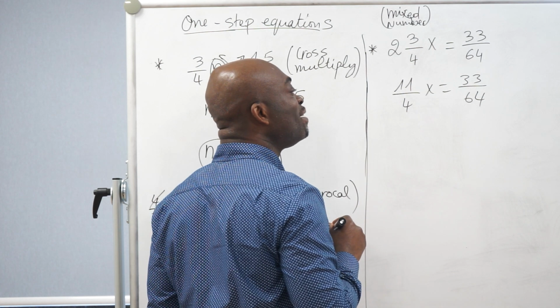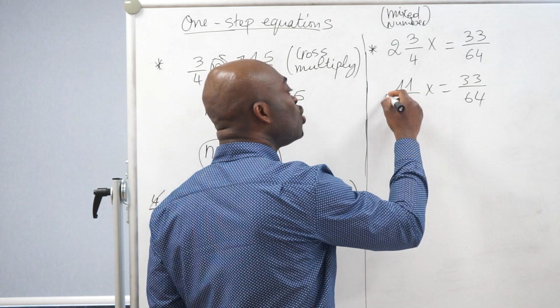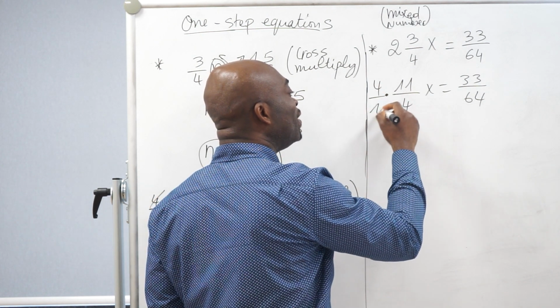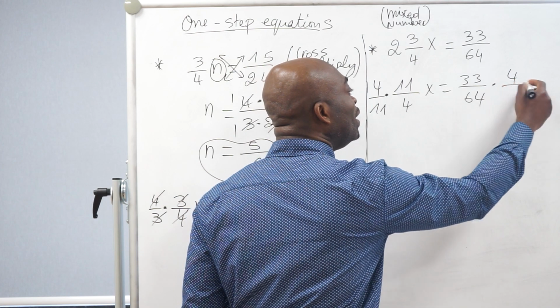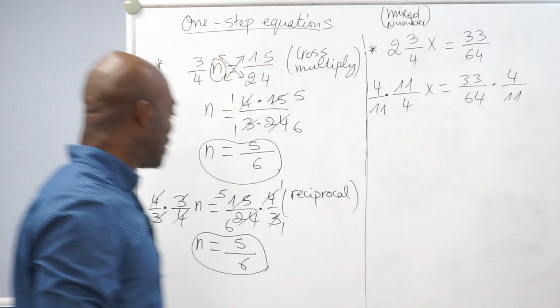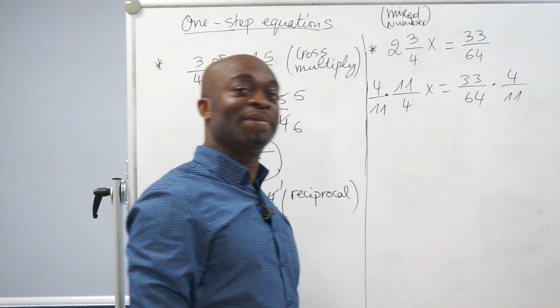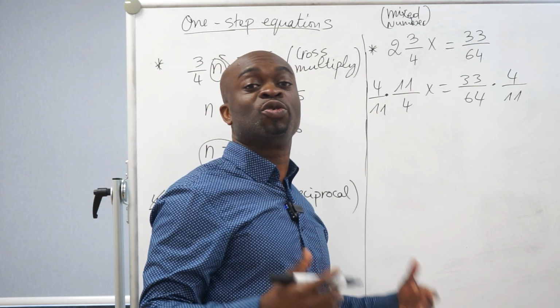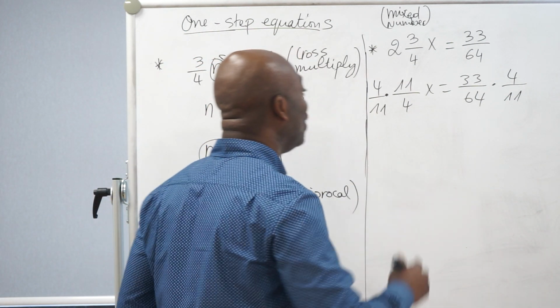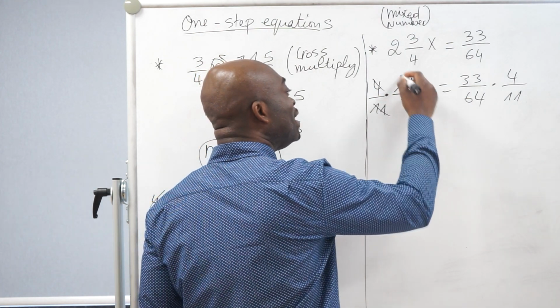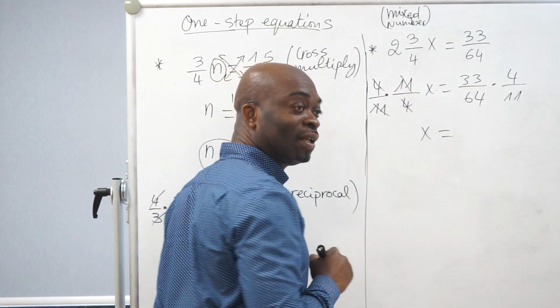So what can we do here? We can use the reciprocal, 4 over 11, the method that we used before. Somebody can still choose to do the cross multiplication. That is fine. So 4, 4 crossed out, 11, 11 crossed out. We have x left by itself.